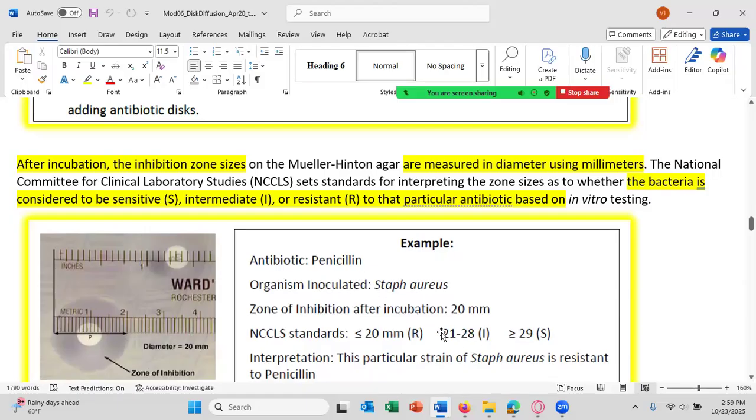So it's not sensitive, not resistant, it's intermediate. Any question about any of that?